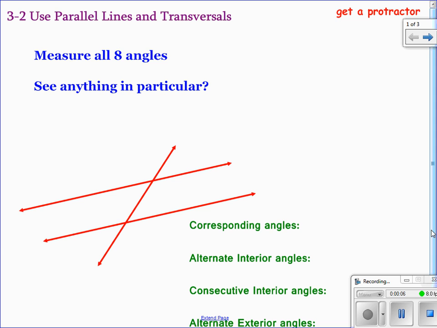So you should be measuring all 8 of the angles, putting the angle measure right in the corner. Figure out how many degrees they are.